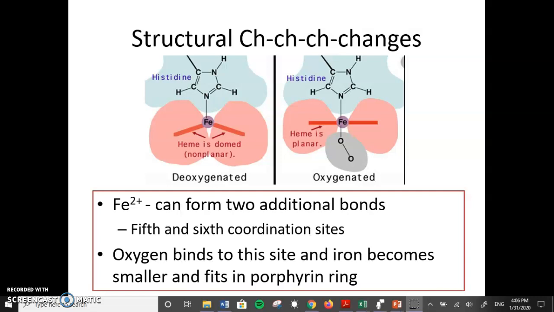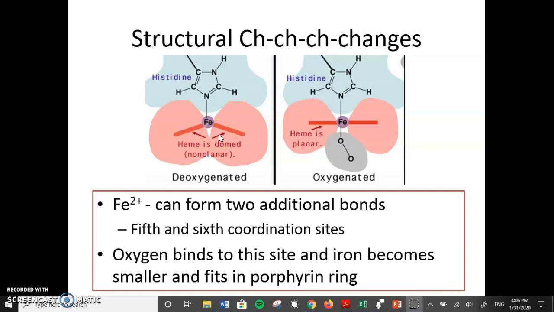So the structural change occurs, and I will state that before the molecule is oxygenated, the iron is actually out of the plane of the porphyrin ring. That is due to it being too large to actually fit perfectly in the porphyrin ring. So in this animation, we see that the heme is actually domed. It creates a dome because the iron is non-planar.